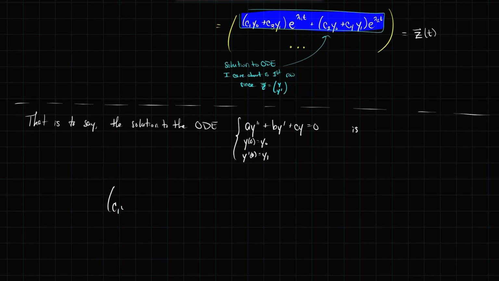It's c1 y0 plus c3 y1 times e to the lambda, keep in mind lambda is negative b plus or minus the square root of b squared minus 4ac all over 2a.